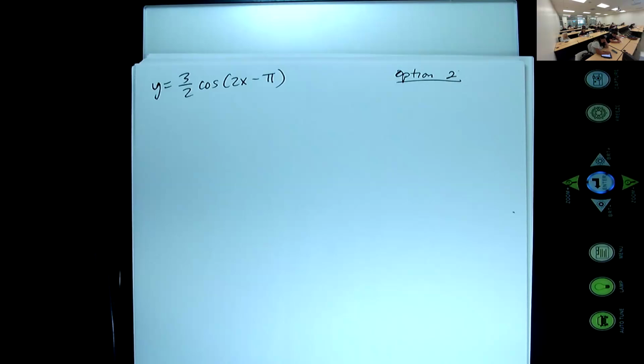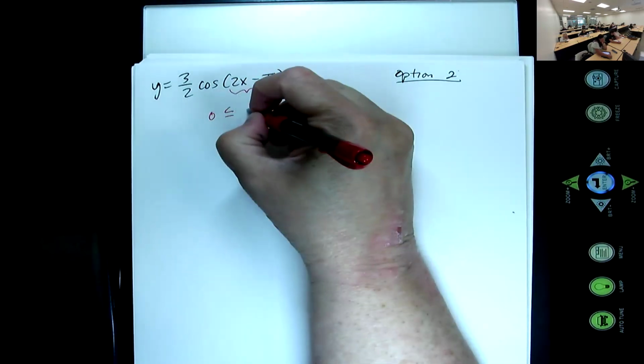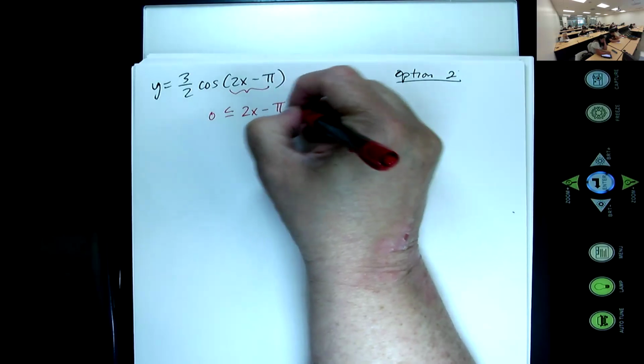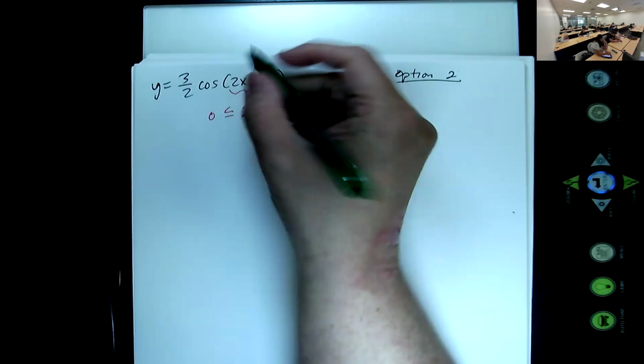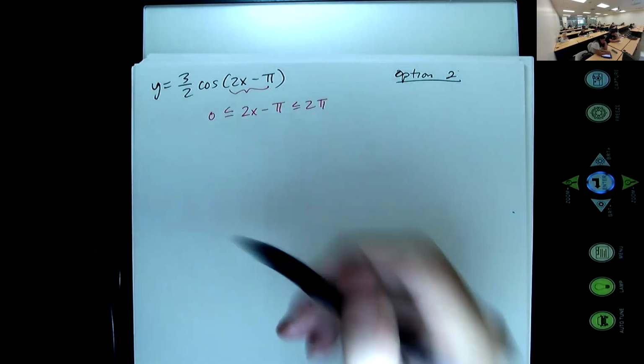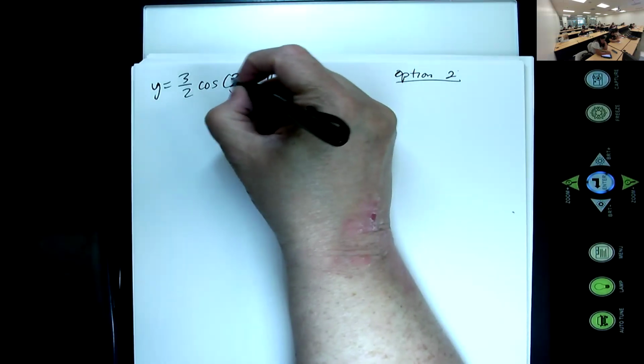If you do this using option 2, you do not need to rewrite the equation, we just need to take this middle value here and plug this in between 0 is less than that is less than 2 pi, and solve. You know what, I wanna make this 3x minus pi, simply because 2x is easier to work with and it's gonna automatically make this method look easier. Let's use 3x minus pi there.